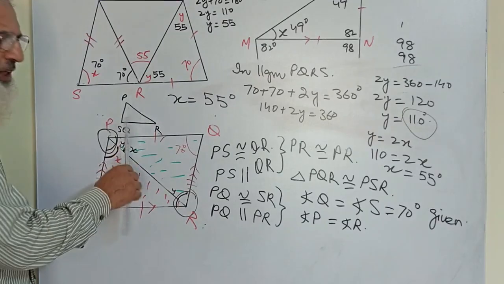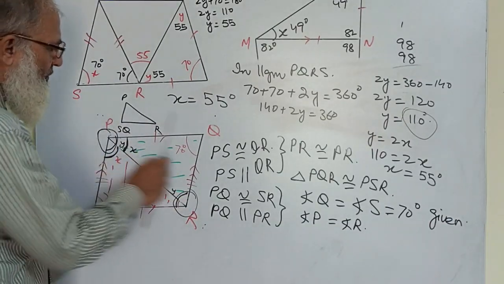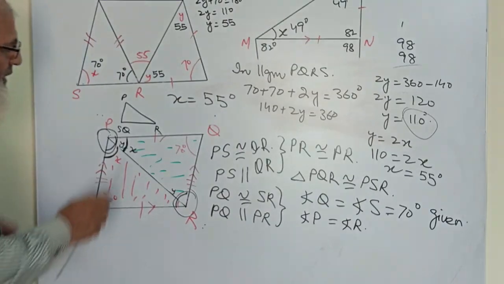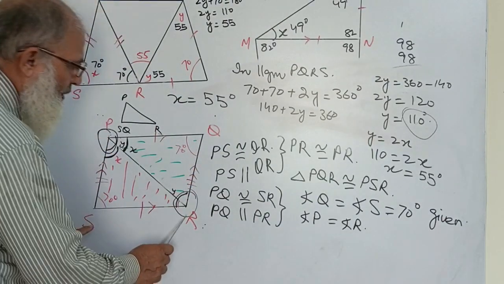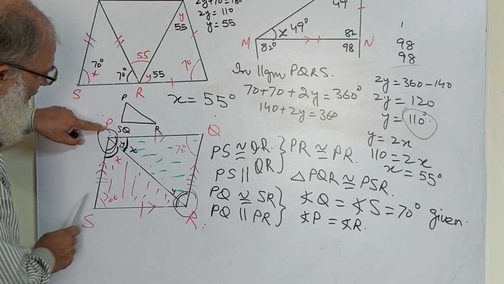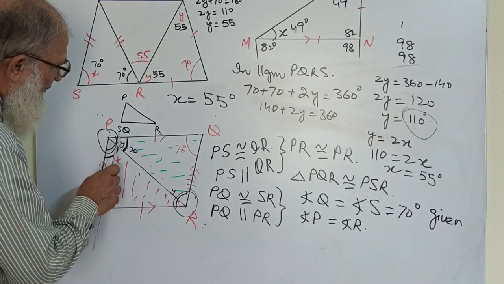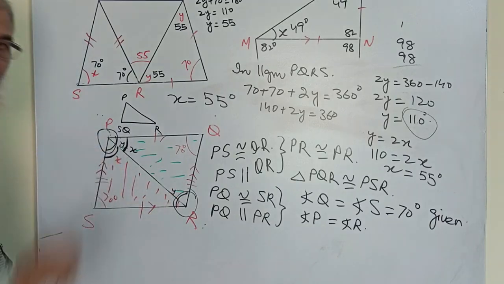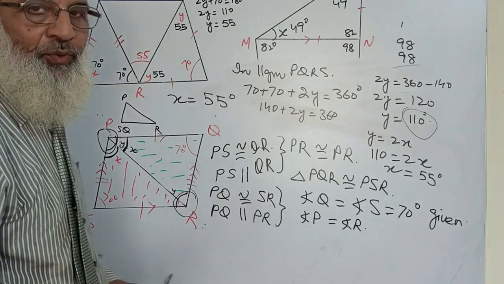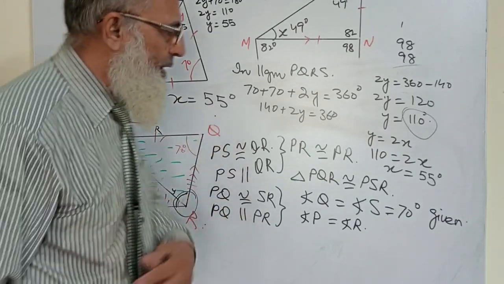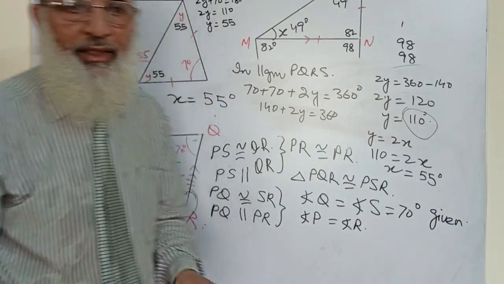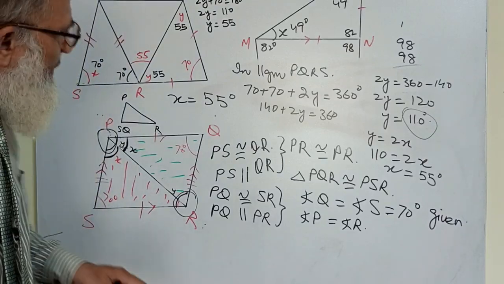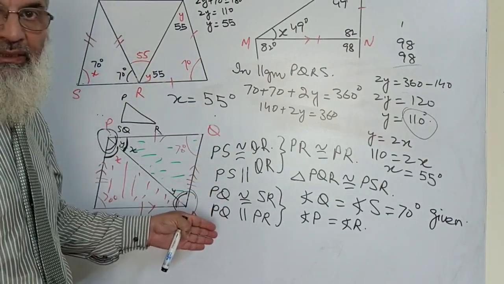Therefore, each and everything of these two triangles is congruent: this side, this side, this angle. So it was very easy, but I regret that the author has not given its answer. So this is its answer.